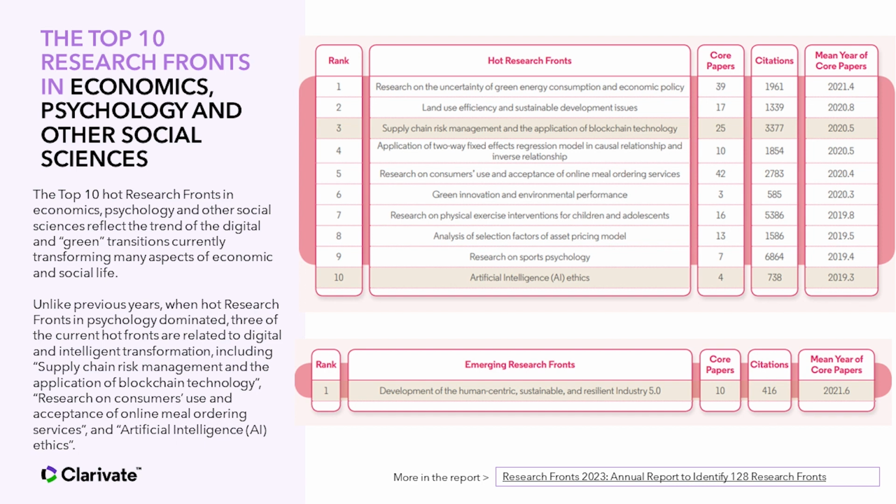Here, one emerging research front that is also visible in this table, identified in the field of economics, psychology, and other social sciences, is the development of the human-centric, sustainable, and resilient Industry 5.0. So again, you see 2021, a very recent year of our papers.